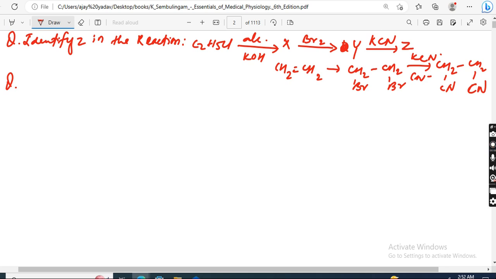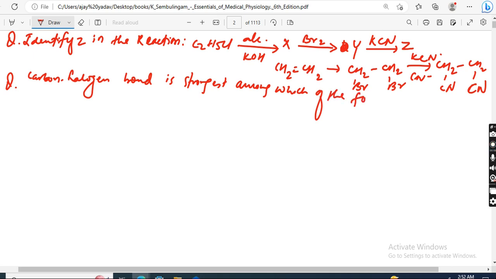Okay, it is said that carbon halogen bond is strongest among the following. So the question is: among which of the following is the carbon halogen bond strongest?